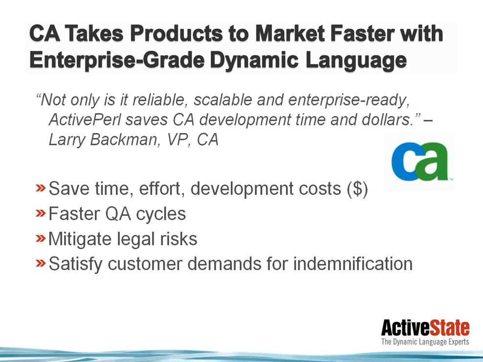Furthermore, we speed up their QA cycles because as a result, they don't have to QA the distribution. We've taken care of that. They only need to QA the higher value-add components that they work on. As well, we mitigate all of their legal risks, all of these various things we've talked about today, as well as we satisfy their demands for indemnification. So it's a turnkey solution that we provide CA.